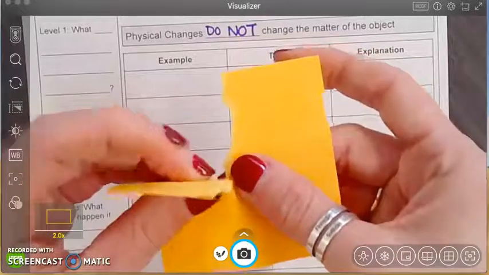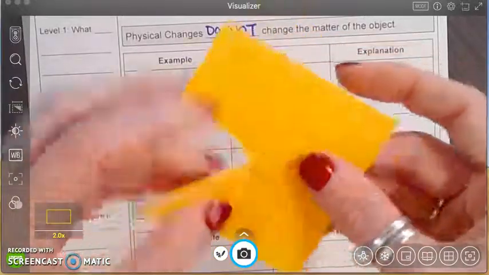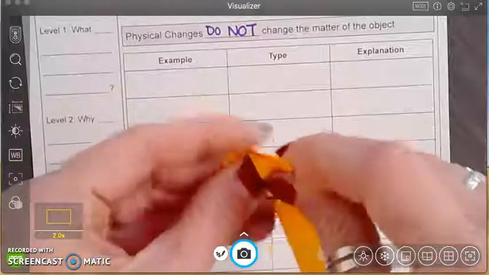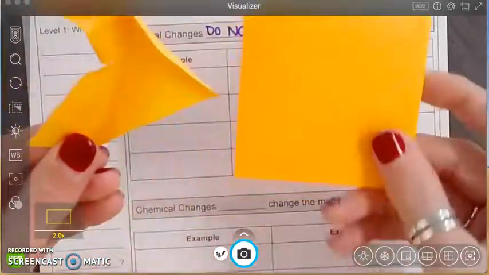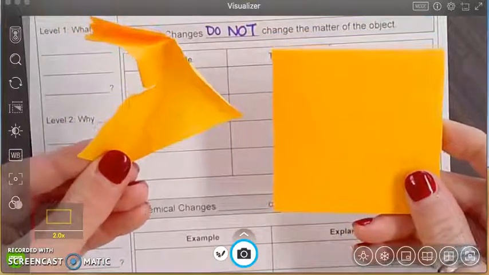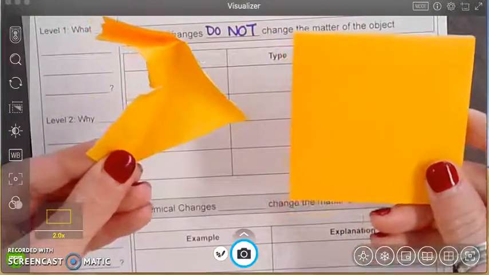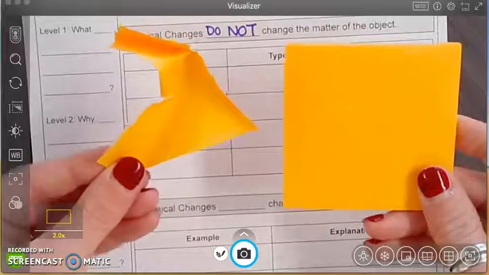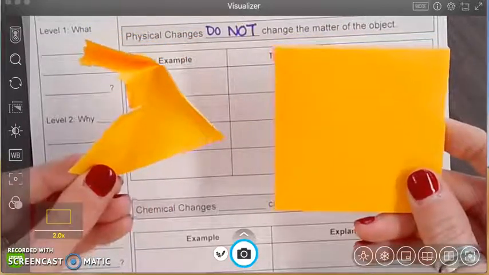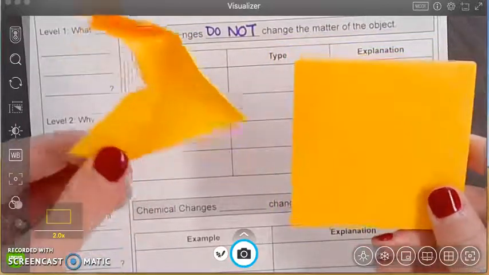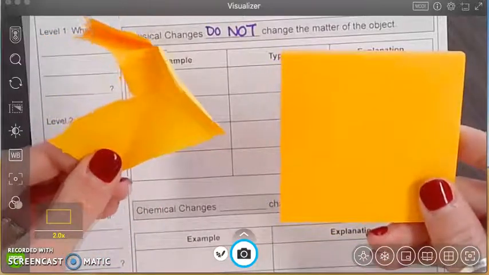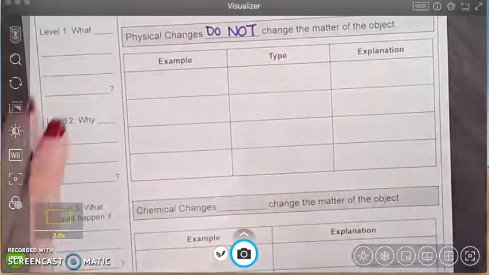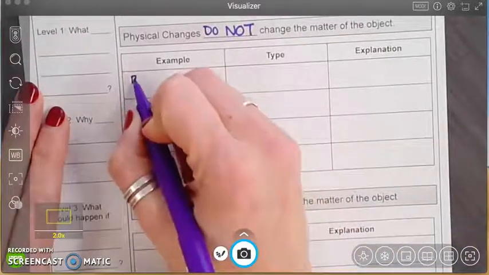I'm going to rip it, then I'm going to fold it, then I'm going to crumple it, then I'm going to do this to it. And it definitely looks different than a normal piece of Post-it. Sure. But even though it looks different, still the same matter. This is still paper with some sticky stuff on the back, just like it was when it was in its square form.